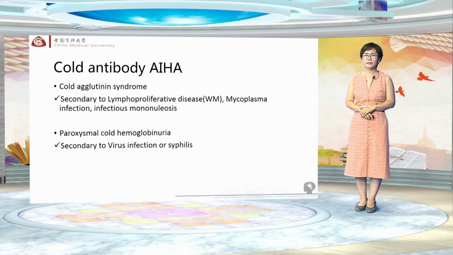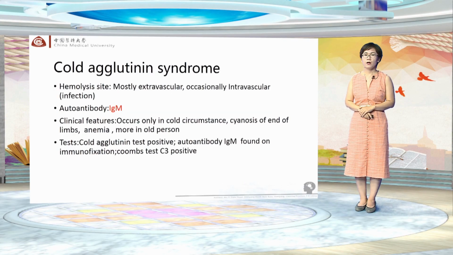Cold agglutinin syndrome is usually secondary to lymphoproliferative disease, Mycoplasma infection, or infectious mononucleosis, while paroxysmal cold hemoglobinuria is usually secondary to various infections or syphilis. Cold agglutinin syndrome is mostly chronic extravascular hemolysis, occasionally intravascular, such as when having infection.